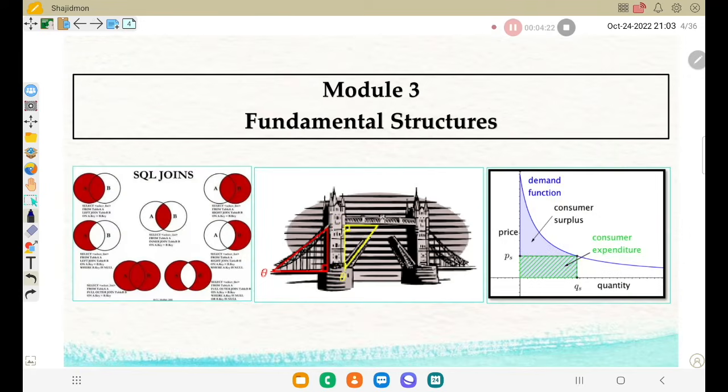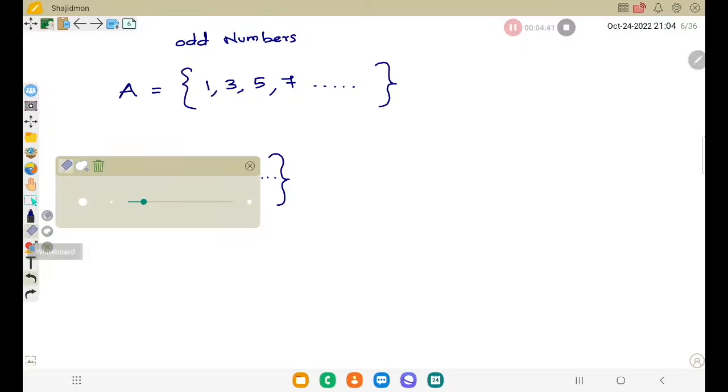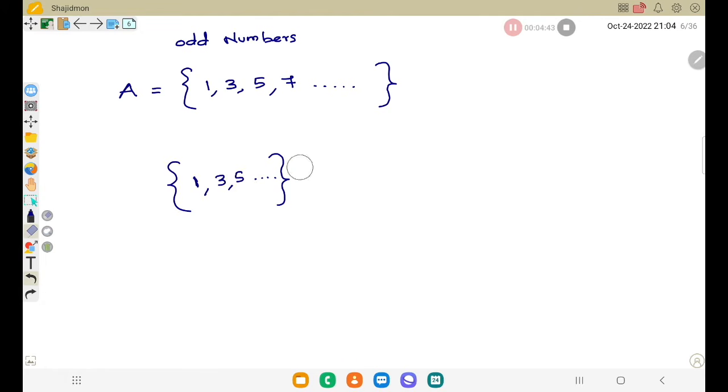A set is always represented using curly brackets. Inside we write the numbers one by one, first number here, then put a comma, write the next number, then comma, next number, like that we represent a set, using curly brackets.